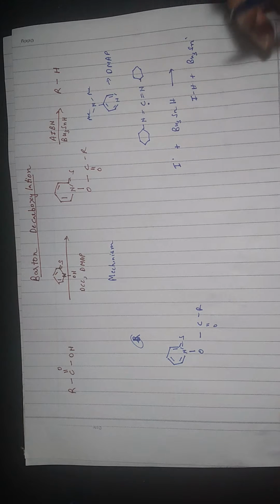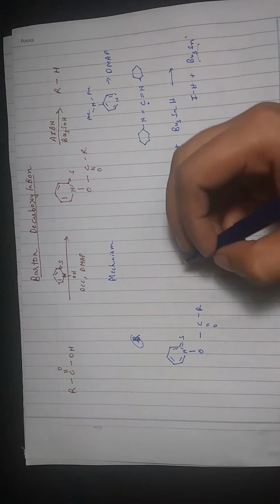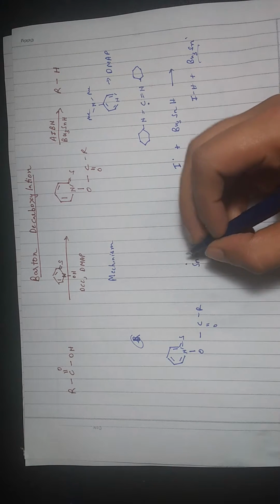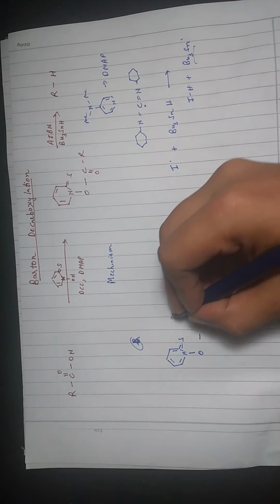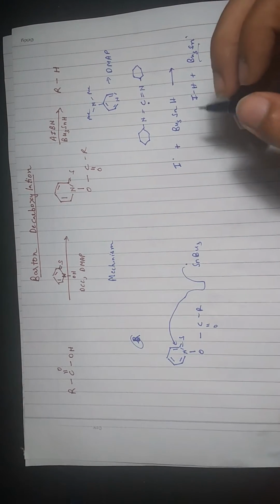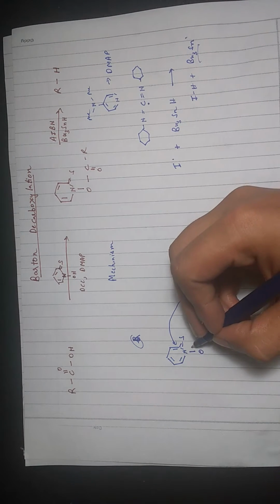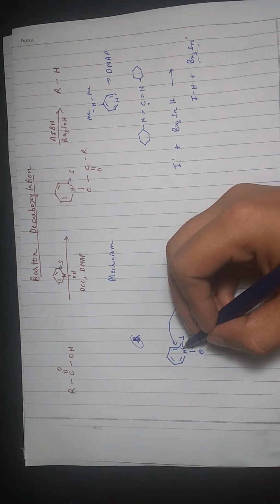So we get this radical, okay, Bu3Sn radical. Now this radical, what it does is, I'll just write it down over here. It goes and reacts to this sulfur, okay, and because of this, what happens is there is this bond, a nitrogen and carbon bond over here.